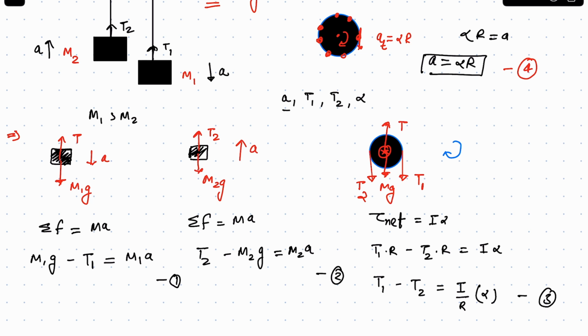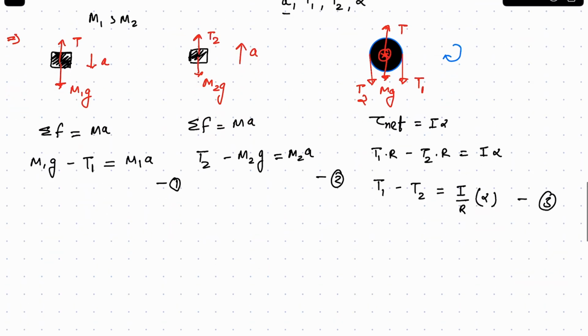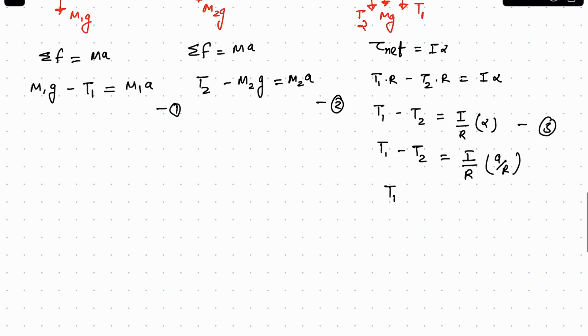So from there I can say alpha equals A divided by R. So we get T1 minus T2 is equal to I by R, and alpha is A divided by R. So we get T1 minus T2 is equal to I by R square multiplied by A. This is our third equation.